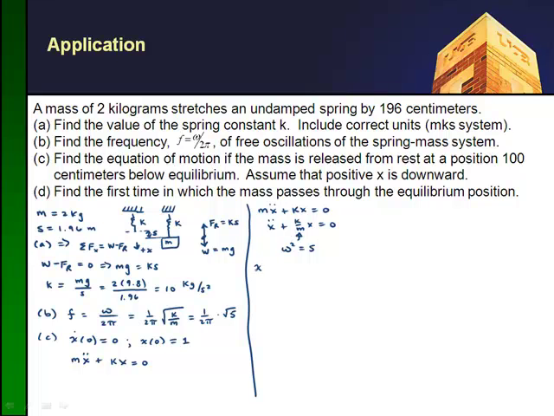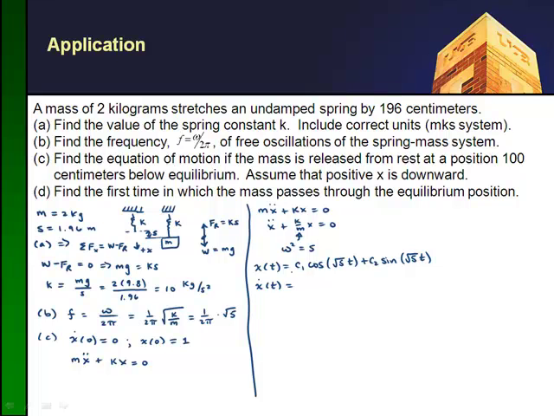But in any event, we'll get a solution of x of t equals c1 cosine of root 5t plus c2 sine of root 5t. Okay. And since I have a condition on the position function and on the velocity, I'll need to take the derivative of this function.